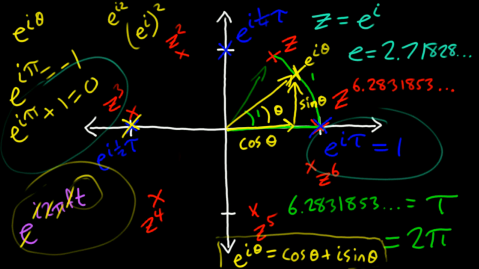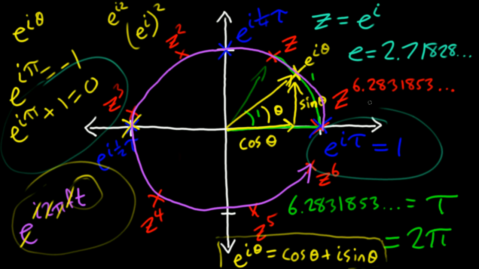Now, one way to think of this is if you visualize a helix that's going around and around the circle. If you imagine this coming out towards you, away from the screen, and then you imagine, well, what is the real part of each of those numbers as we go around and around the circle?